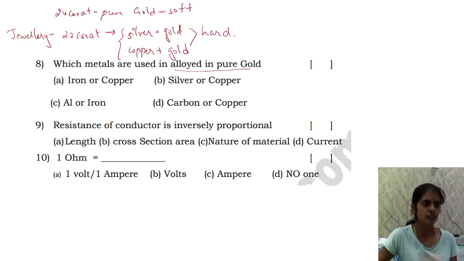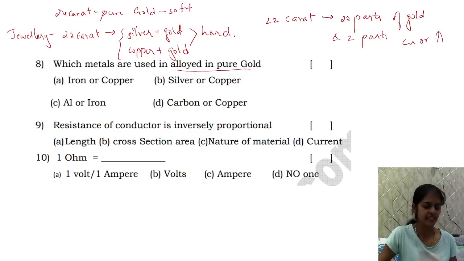What is the meaning of 22 carat? 22 carat means 22 parts of gold and 2 parts of copper or silver is added. Silver is Ag, argentum, and copper, cuprum.